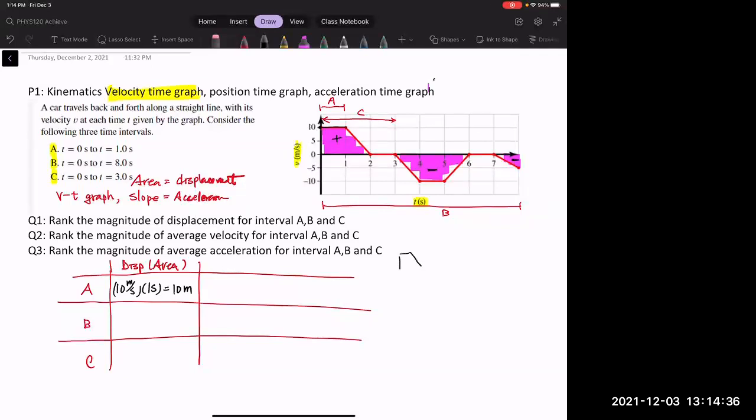I have this one, the trapezoidal, and the equation for the trapezoidal is that you have the sum of the 2 bases, and you divide by 2, then you multiply with the height. So my height here is 10. My 2 bases, one is 1, the other one is 2.